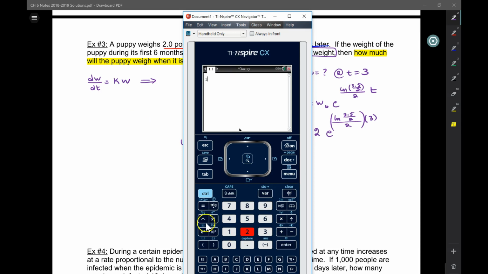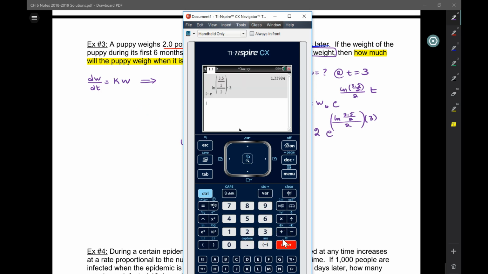So it's going to be 2 times e to the ln of 3.5 over 2, all over 2. I should have put parentheses around it, parentheses times 3.